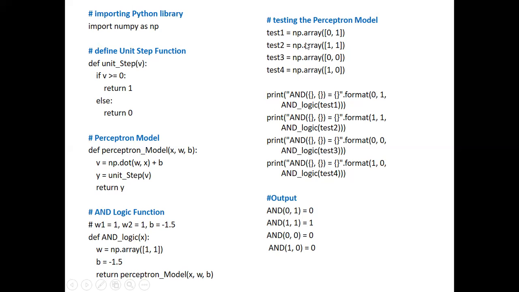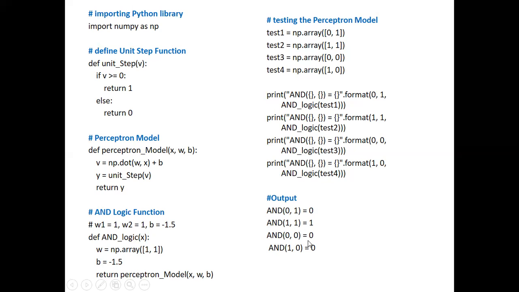Similarly, you can do it for the input 1, 1, that is test 2. Input 0, 0 is test 3 and 1, 0 is test 4. This is just printing, but here we are calling the function with different inputs, test 1, test 2, test 3 and test 4. So when the input is 0, 1, output is 0. When input is 1, 1, output is 1.